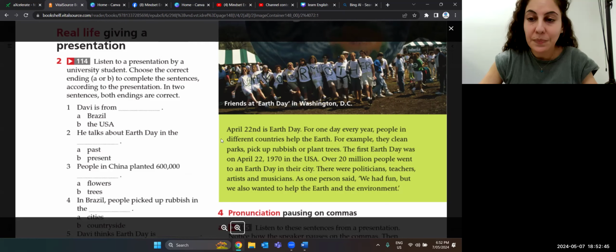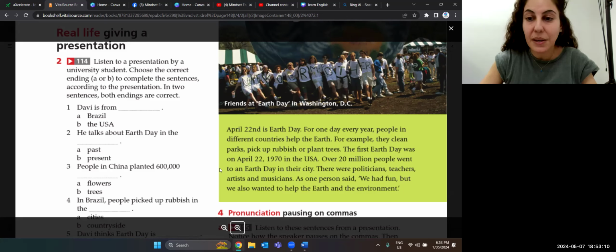For example, they clean parks, pick up rubbish, or plant trees. The first Earth Day was on April the 22nd, 1970, in the USA.